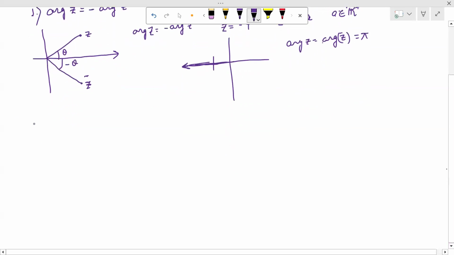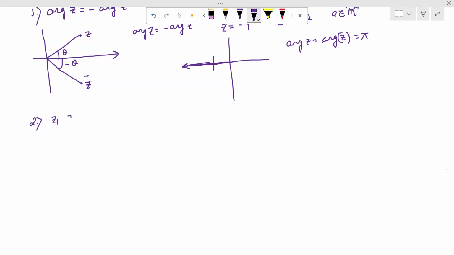Now let us move to the second property. What can you say about this? Let us say that Z1 and Z2 are two complex numbers. Then what can be said about the argument of Z1 into Z2? For this, I will use the polar representation just to give you an idea.